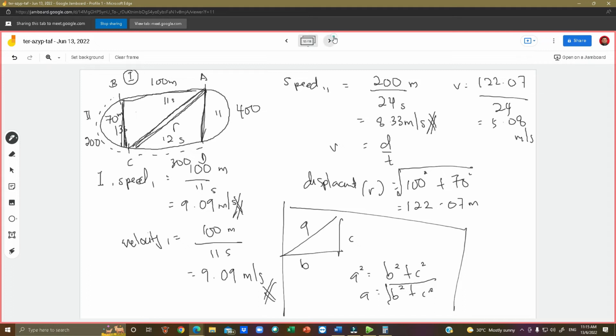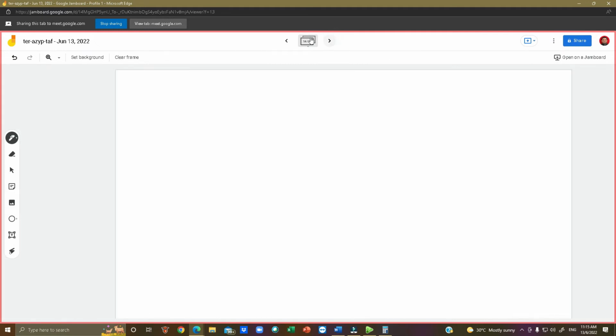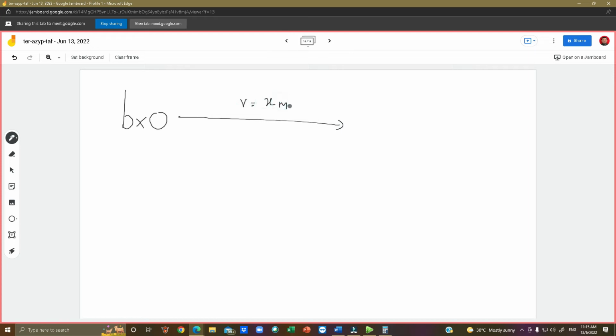Okay, let's give an example in sports. Let's say we have a ball. We kick the ball, and the ball travels. We don't know the velocity, x.